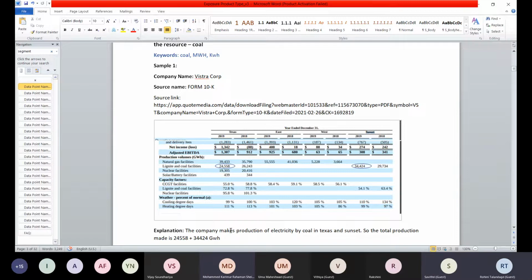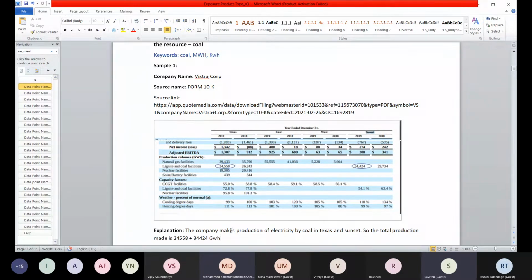This is the unit which will be given for electricity. Here their production volume from coal facilities is 24558 GWH. That means this company generated electricity using coal, and the value is 24558 gigawatt hours. So this is the generation data.